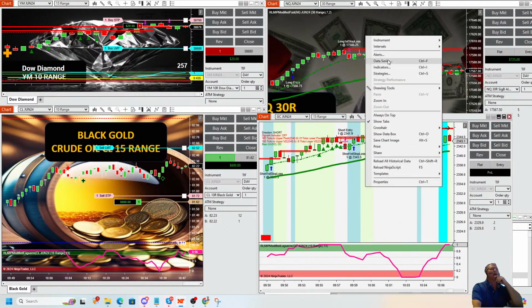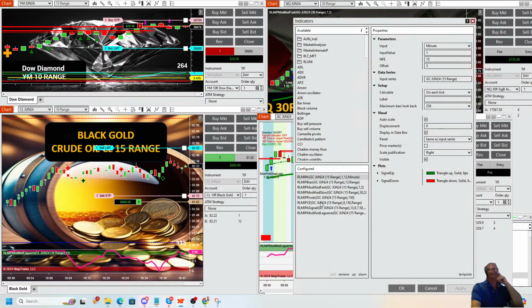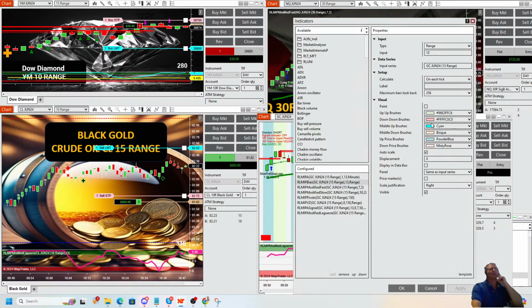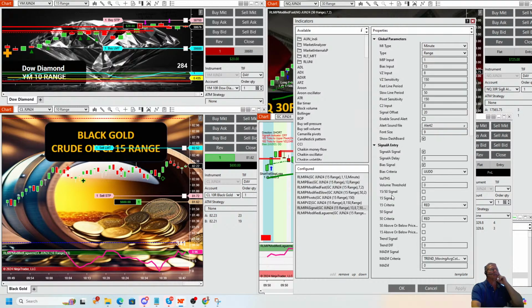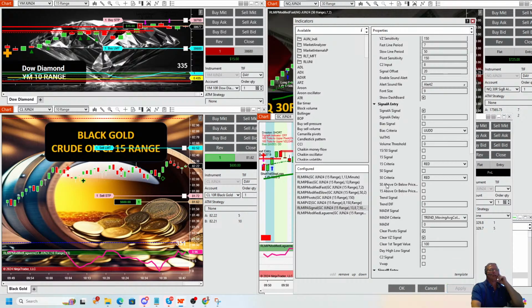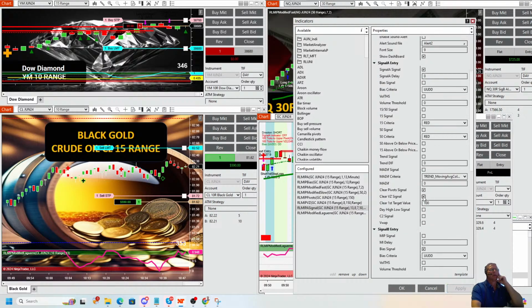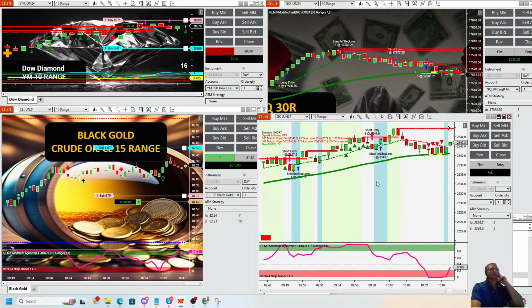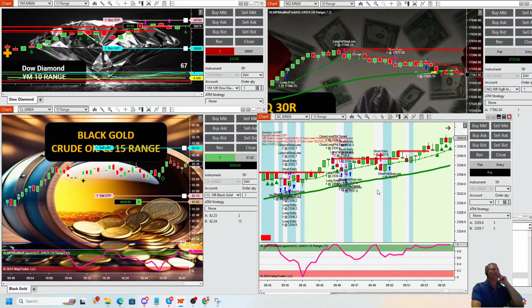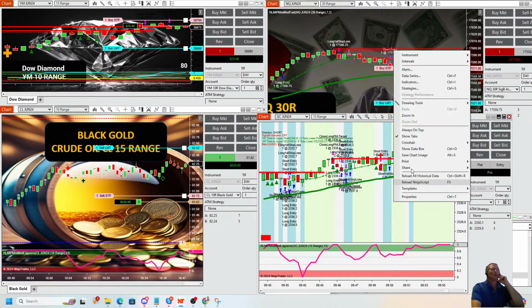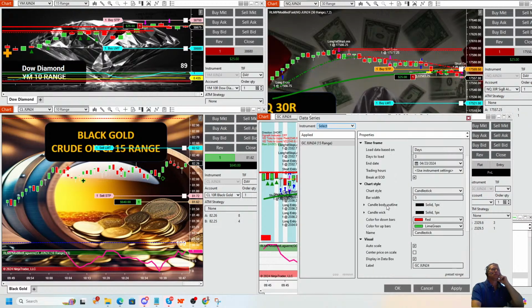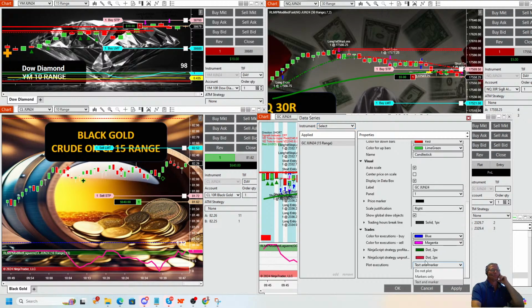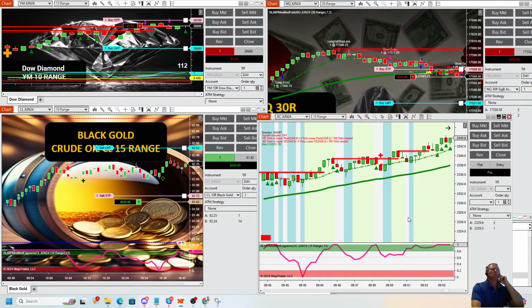So let's go back and take off the bias filter. Now the only filters we have are the clear pivots and clear volume zone. So now where I see my crosses, order submitted, is where I would have taken an entry.